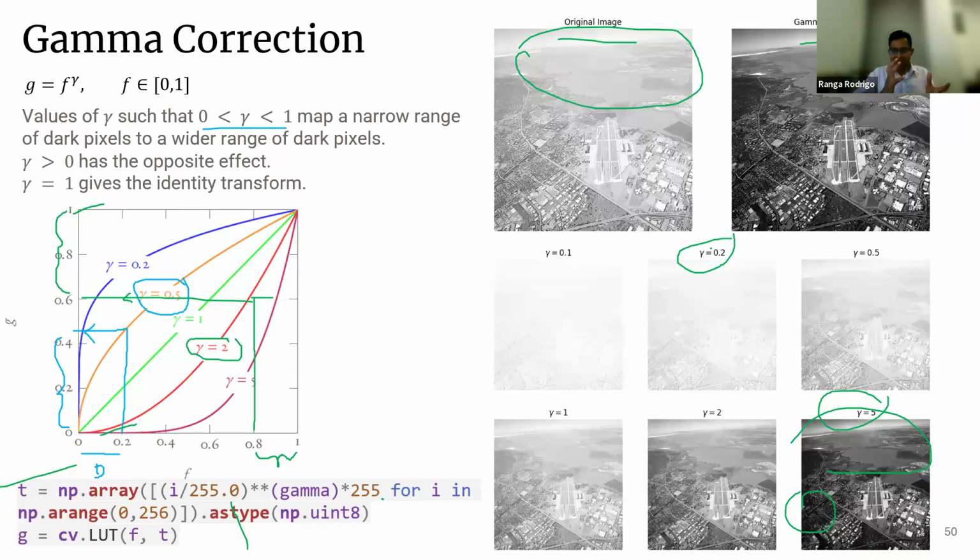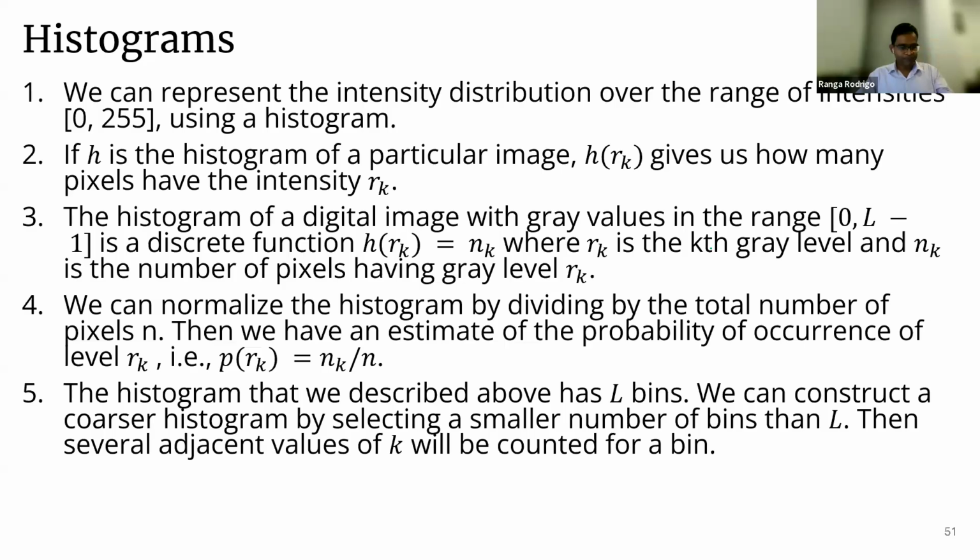So you need to understand what happens when gamma is less than 1 and when gamma is greater than 1. So these operations are very important if you want to do the pre-processing in an industrial system. Very simple operations, very fast, but very useful. Okay. I hope it is okay.